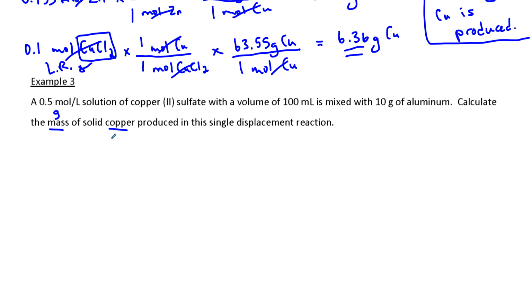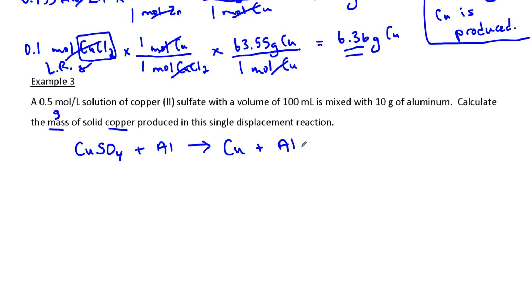So let's start with our balanced equation. So copper 2 sulfate would look like this, plus 2 charge, minus 2 charge. We're adding that to aluminum. Single displacement, aluminum's a metal, so it'll switch with copper. So that's going to give us copper and aluminum sulfate.